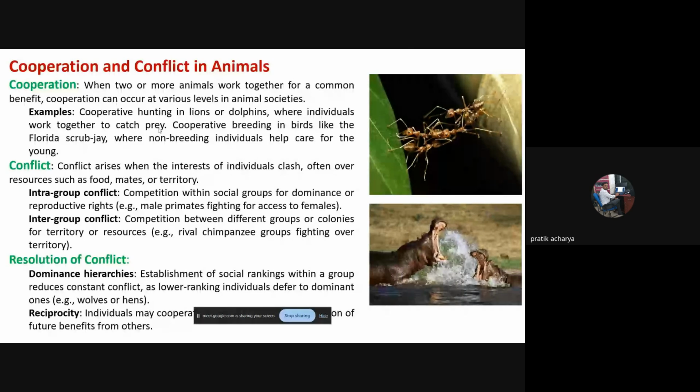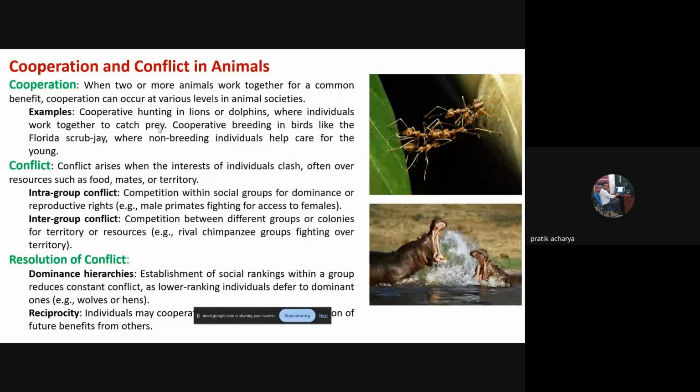When we talk about intergroup conflict, it is the competition between different groups or colonies for territory or resources. So, chimpanzee groups fighting over territory. Different groups of chimpanzees in different territories, if they are fighting, that kind is known as intergroup conflict. Okay.